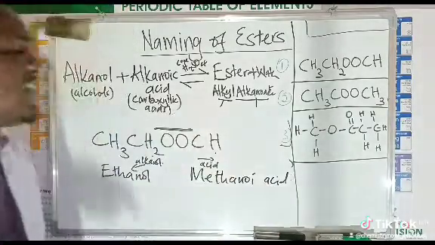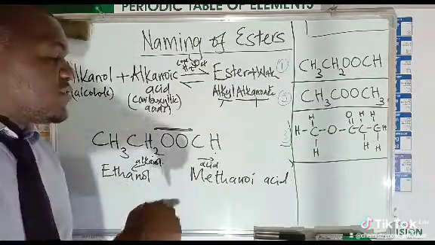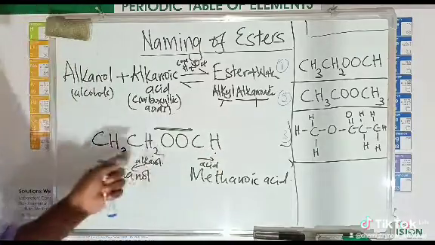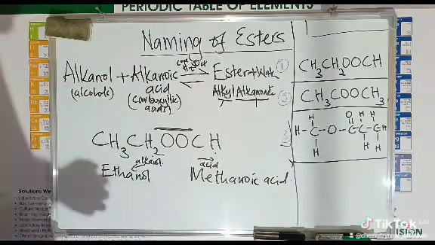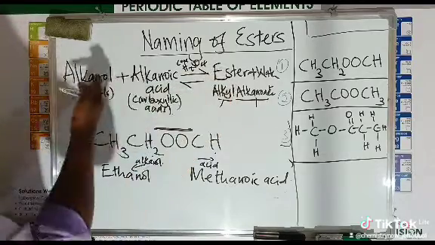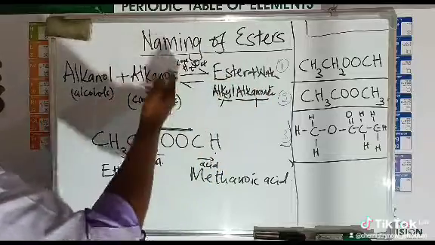Now, after you have identified the alcohol and the alkanoic acid in that ester, you can name it easily because we said that the first part of the name, the alkyl part, comes from the alkanol, and the second part, the alkanoate part, comes from the alkanoic acid.